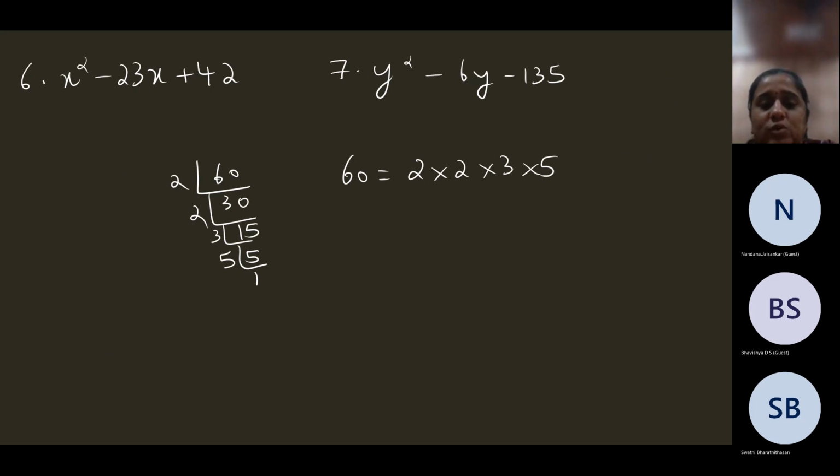Now, 60 is equal to 2 into 2 into 3 into 5. No, it doesn't need this 12 plus 12 plus 5. Okay, darling, but 12 and 5 will not give you 19. You should get 19 and 16.